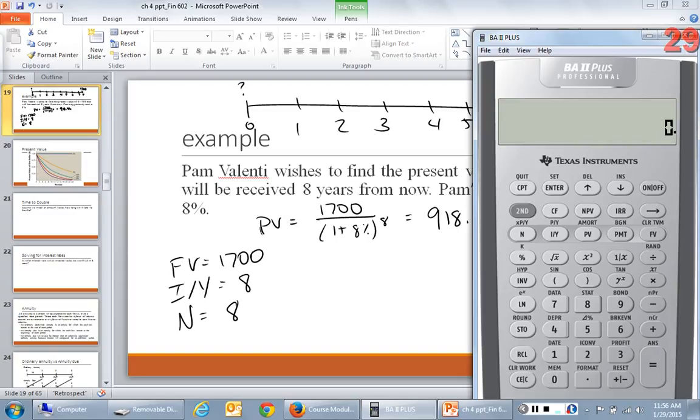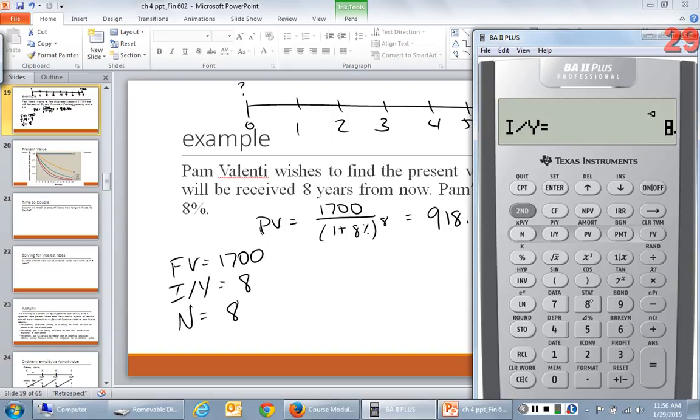So we know the future value. The future value is 1,700. Type in 1,700 and future value. We type in the interest rate, 8%, so 8 and IY.